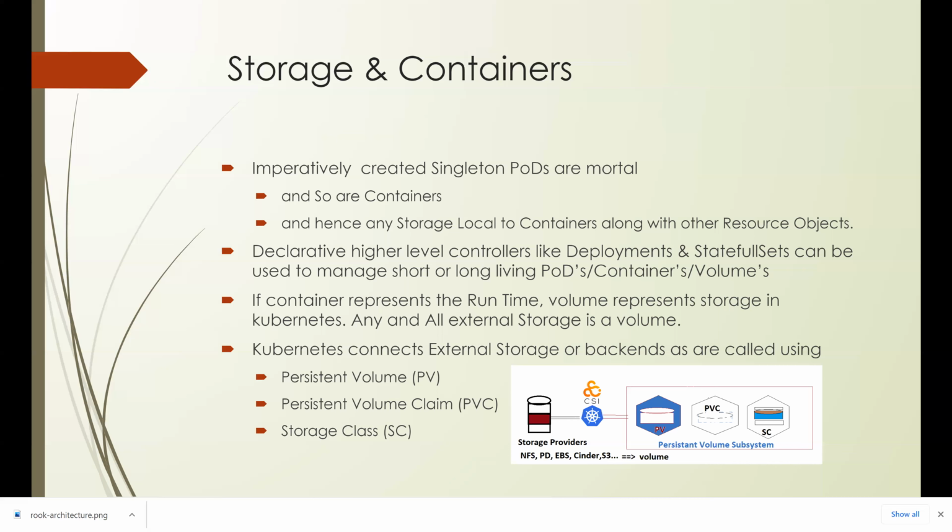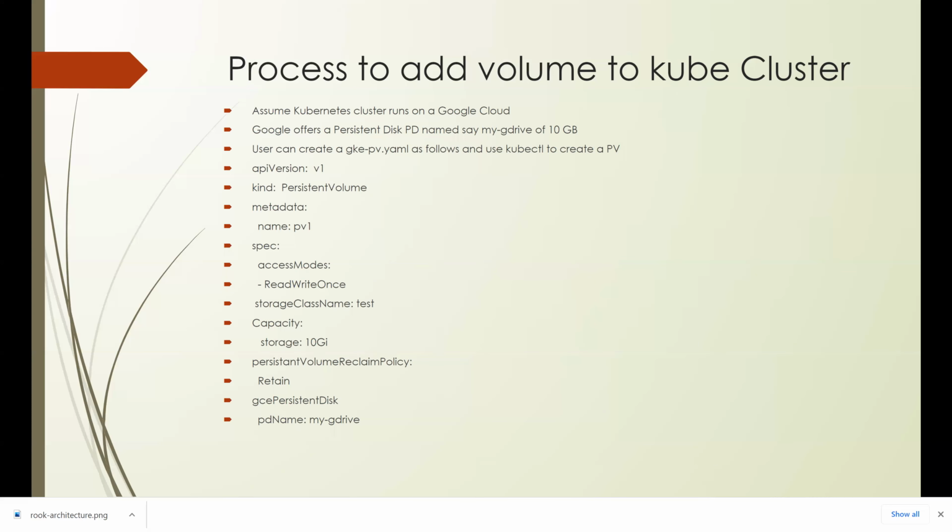So let's go through some examples to clarify. Assume we have a Kubernetes cluster and it runs on Google Cloud. And suppose Google offers a persistent disk named, say, my G drive of 10 gigabyte. Since we have the 10 gigabyte my G drive, we can create a Google Kubernetes Engine PV YAML.